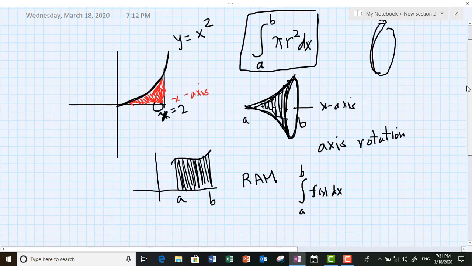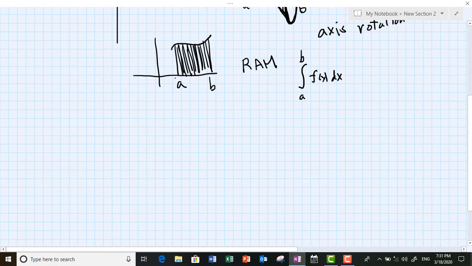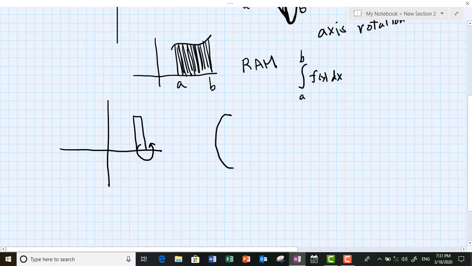So let me explain this another way. Let's say we have a rectangle here, and this rectangle revolves about the x-axis. What happens when you do that? Well, you are going to create a disk.